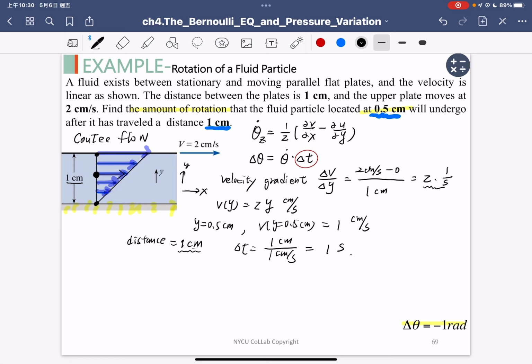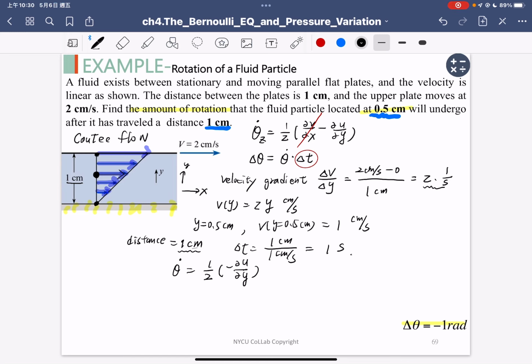And then how large is the theta rate? So we know the theta rate function, the definition formula is here. We have the 1 over 2 and the dv dx and du dy. In that case, we don't have the v velocity, so we don't have those items here, and we only have the minus du dy.